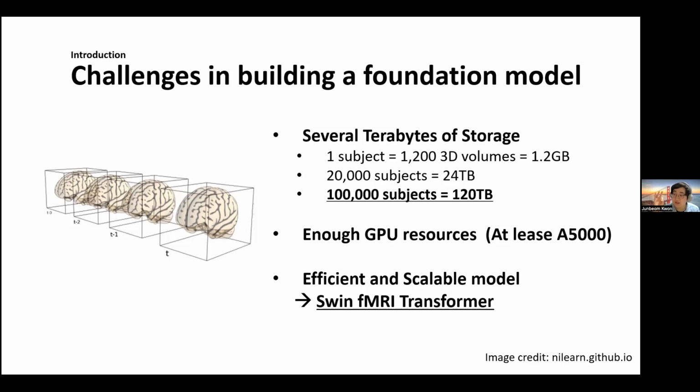And if you include the resting and task dataset from the ABCD dataset, it amounts to 20,000 data. Maybe we can also include the HCP dataset or other similar datasets. Then I expect that it amounts to close to that amount. You mean 100,000? Yeah, 100,000.